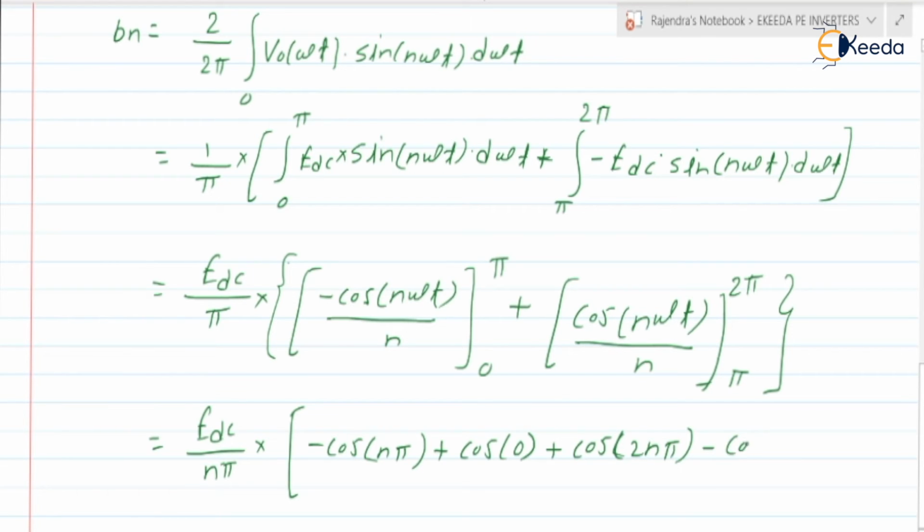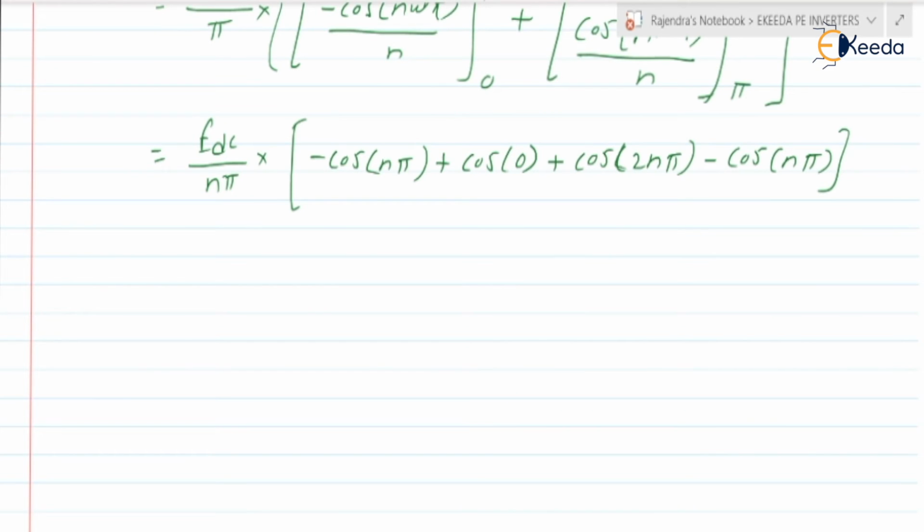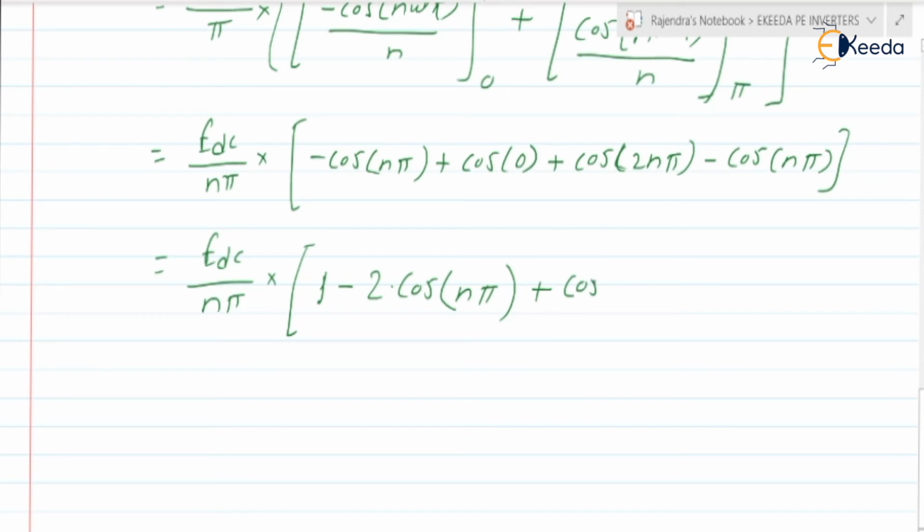Minus cos of n pi. Okay, so further we can simplify it as Edc by n pi into, cos 0 is 1, minus cos n pi minus cos n pi, so it is a minus 2 into cos of n pi. Okay, plus cos of n pi.